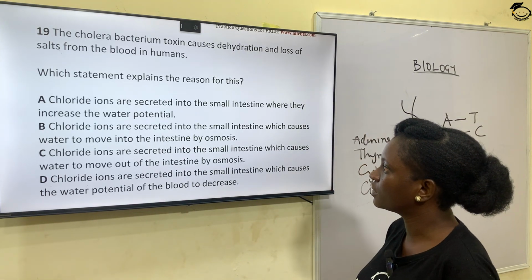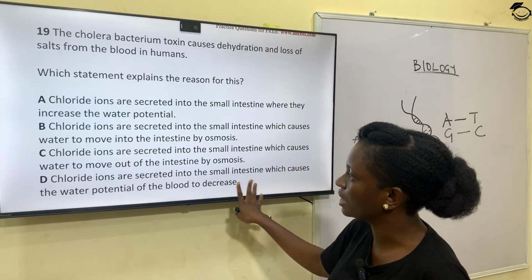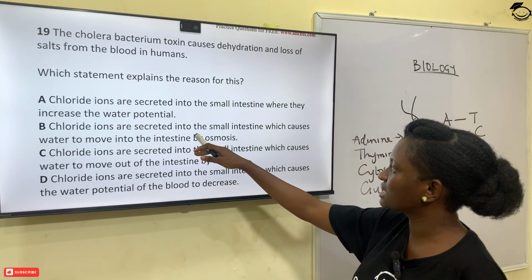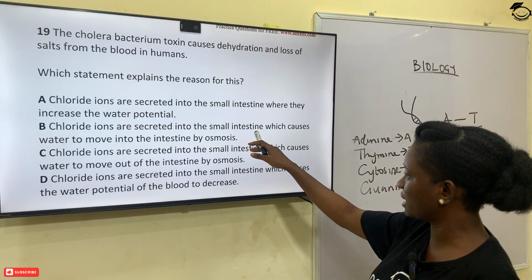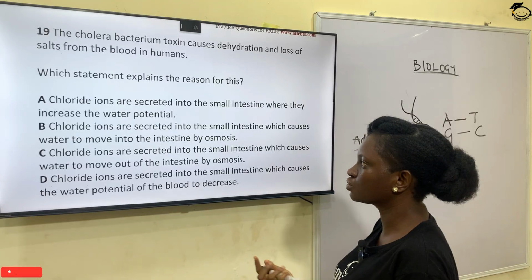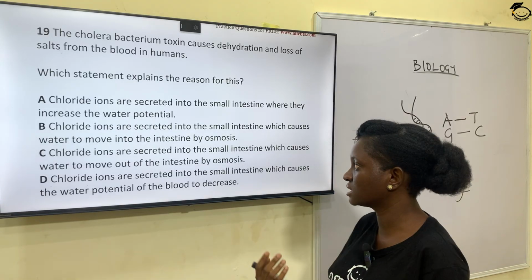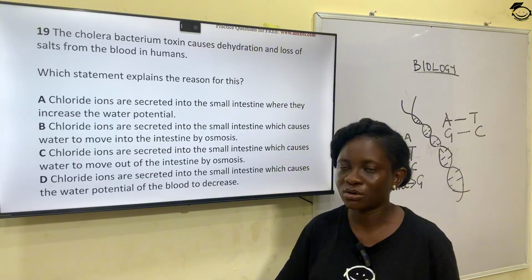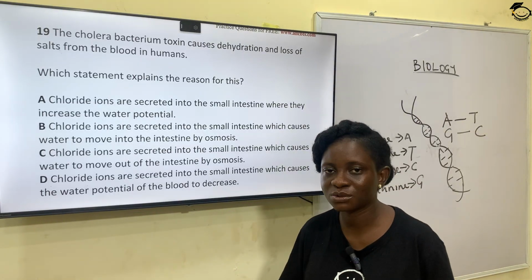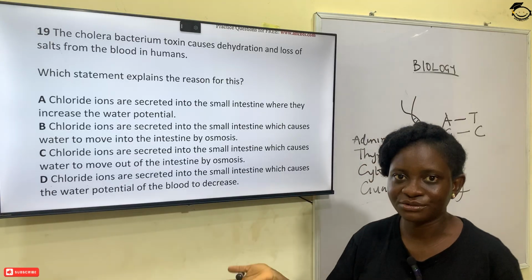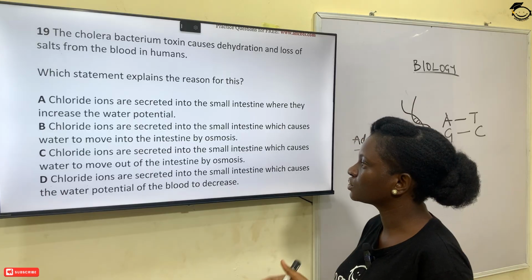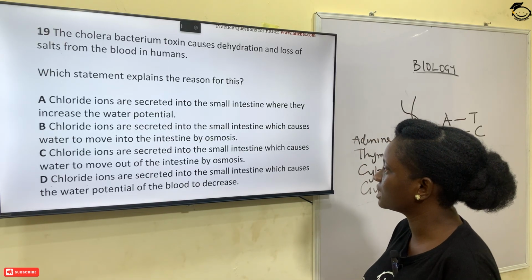From the options provided, option B is the correct answer. Chloride ions are secreted into the small intestine, and this will cause water to move into the small intestine by osmosis, causing watery stool, which can lead to dehydration and loss of salt in the body. So option B is the correct answer.